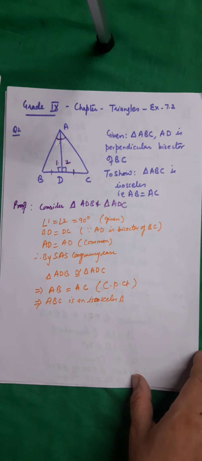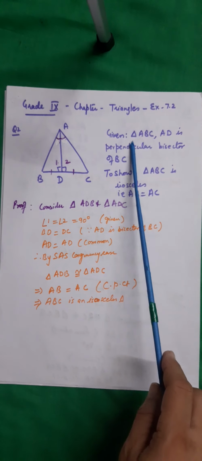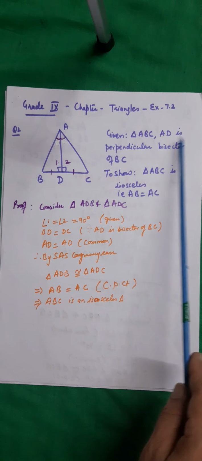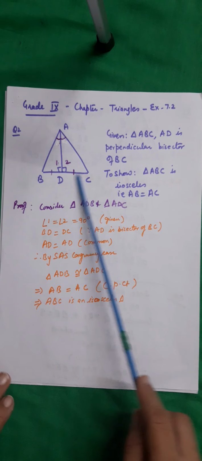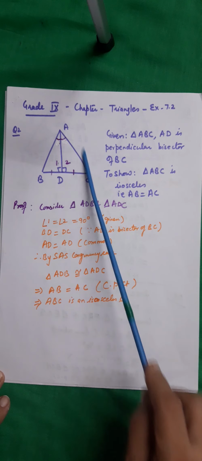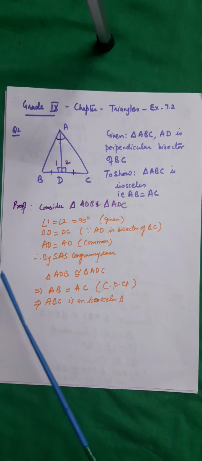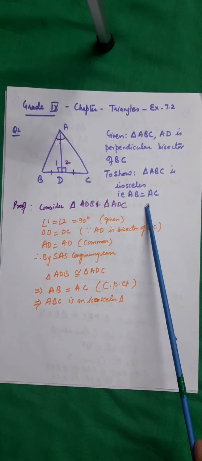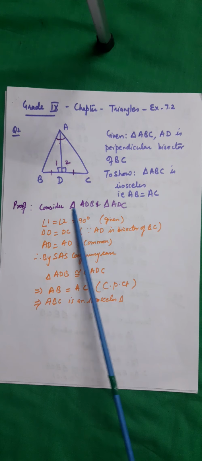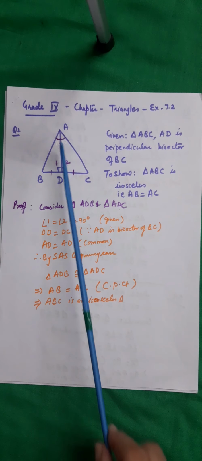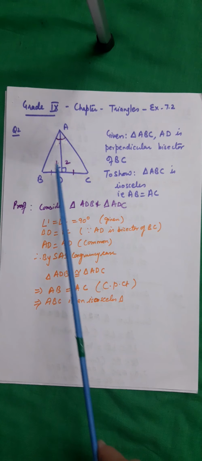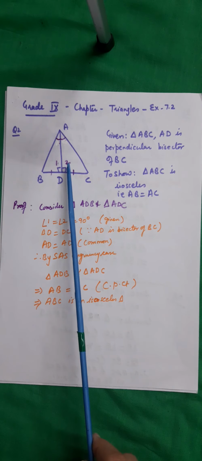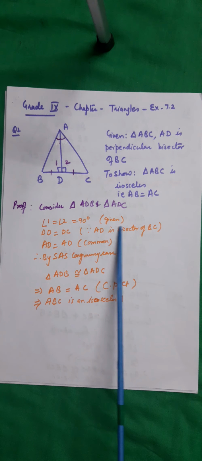Question number 2. Given triangle ABC, AD is the perpendicular bisector of BC. To show triangle ABC is isosceles, that is AB is equal to AC. Now for this, consider triangle ADB and triangle ADC. Given angle 1 is equal to angle 2 is equal to 90 degrees.